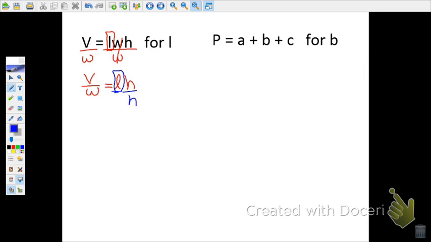I've already got a fraction. Okay, so dividing by H means we're multiplying by the reciprocal 1 over H. 1 times V is V. H times W is HW or WH.